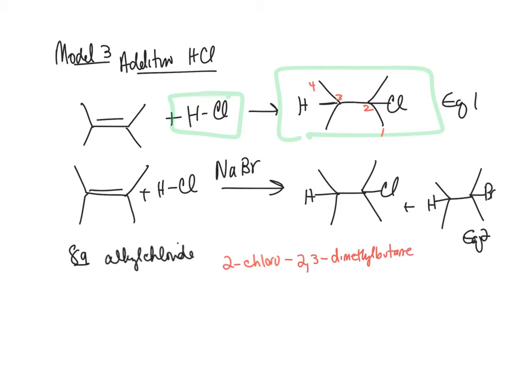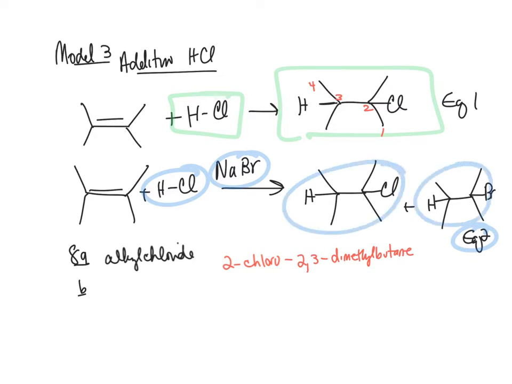B. In equation 2, model 3, the alkene is reacted with HCl and sodium bromide. So you probably put some sodium bromide salt. What products are formed? So we have alkyl chloride and alkyl bromide.